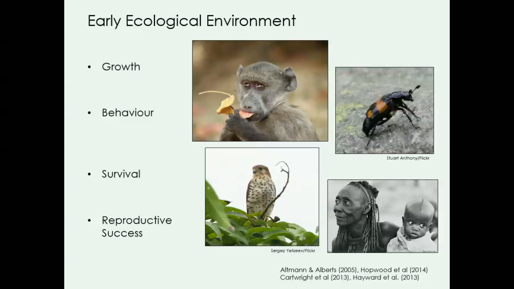Behavior, survival, reproductive success, and particularly the trade-offs between survival and reproduction. There's a lot of theory and work coming out now to suggest that the quality of the environment you experience during development should influence the amount you invest in survival and reproduction in later life, in some kind of life history trade-off.